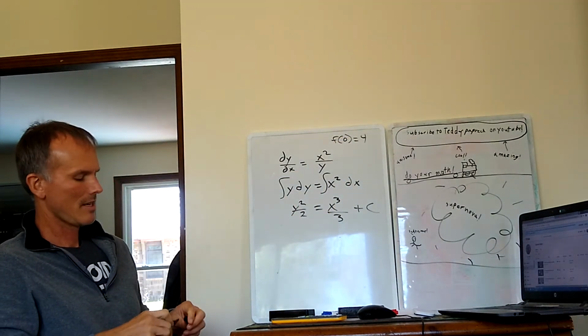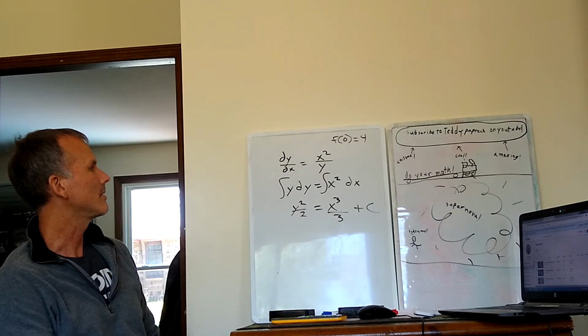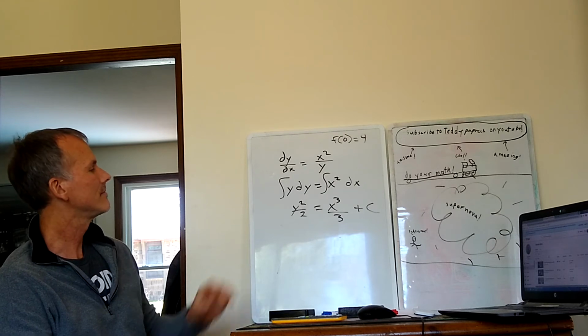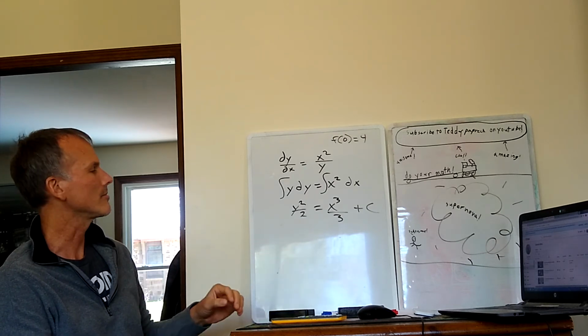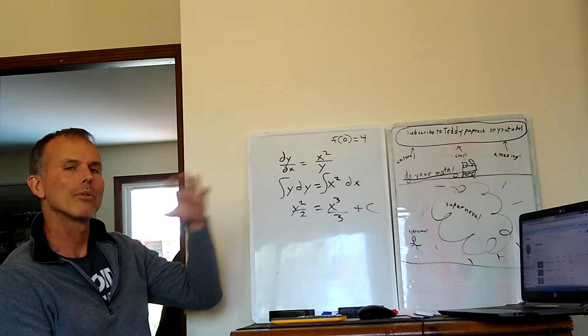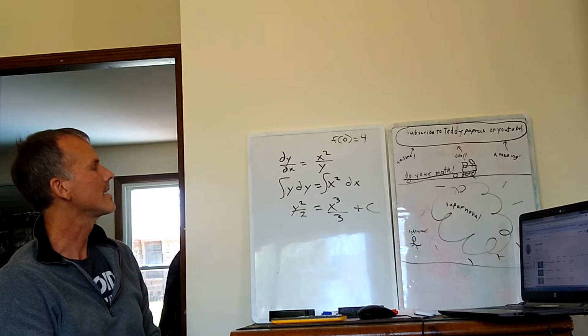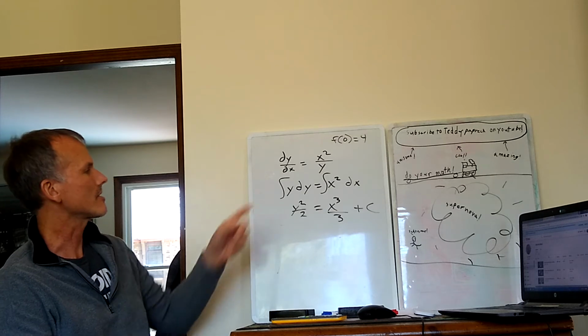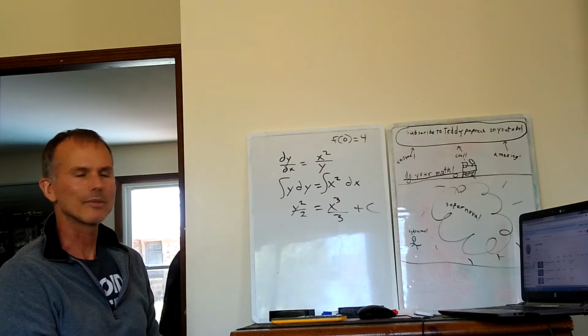Well, that means that the solution curve, the particular solution, is going to have to pass through the point (0, 4), because when x is 0, the value of the function that is the solution to this differential equation has to be 4.